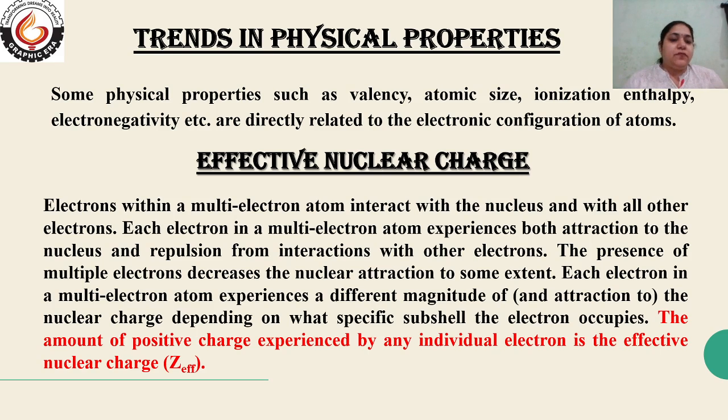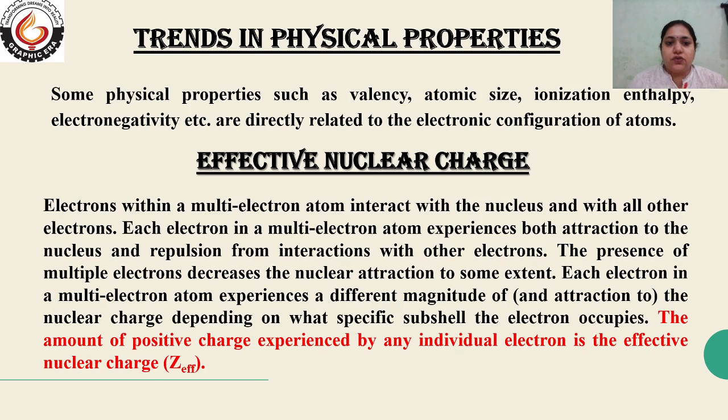But in the case of a multi-electron atom, what happens? There are some electrons present between the nucleus and the outer electron, and the electrons present in between give a screening or shielding effect, so that the actual nuclear charge cannot reach the outer electron.